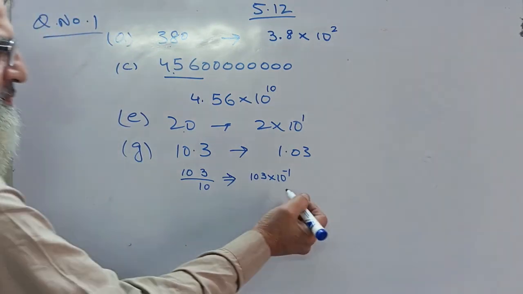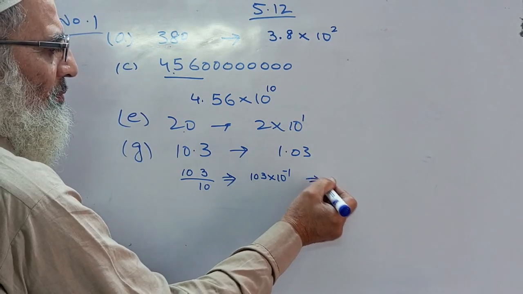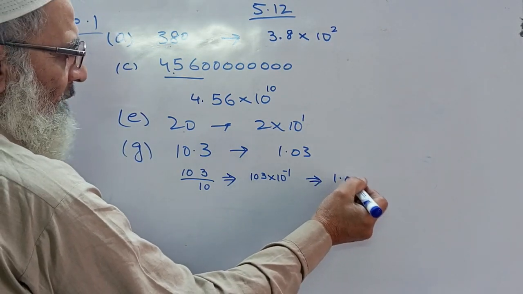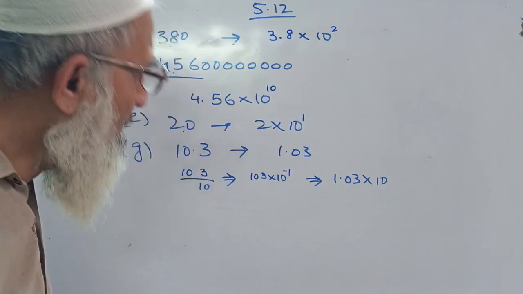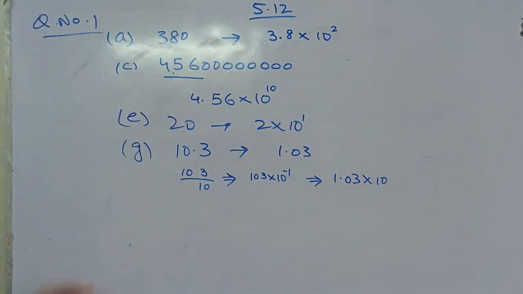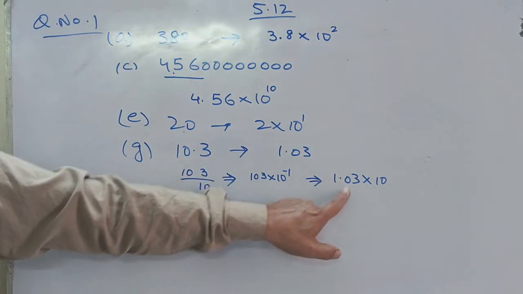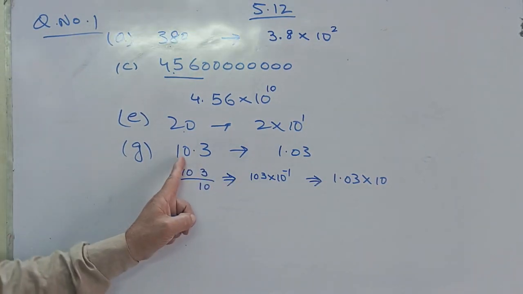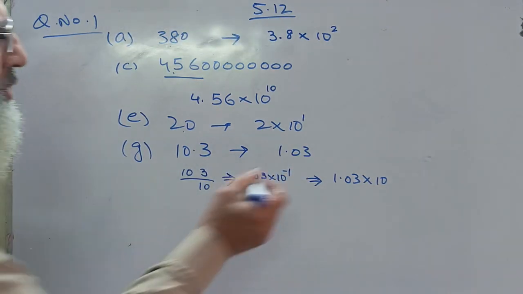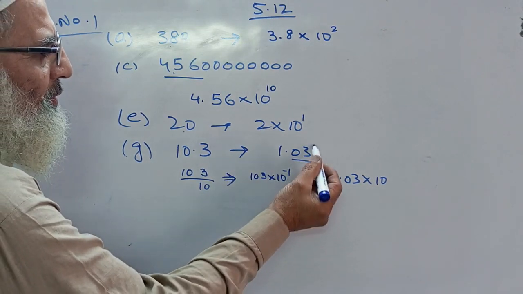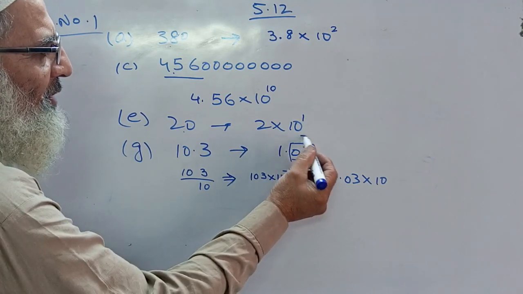It will become 1.03 into 10 raised to power. How many digits are there after the point? There are two digits after the point.